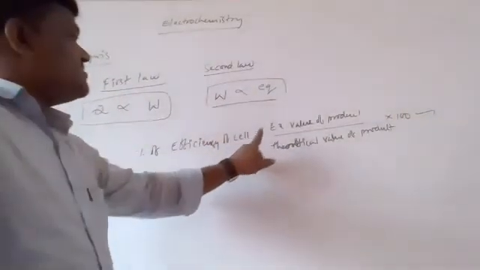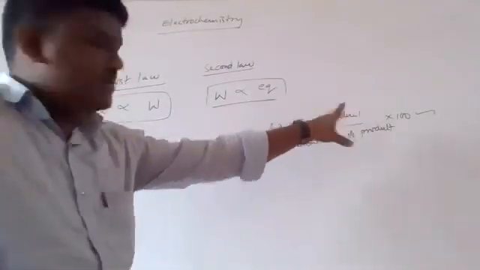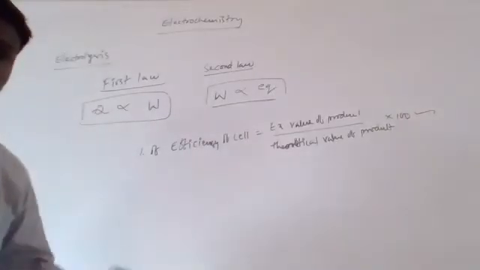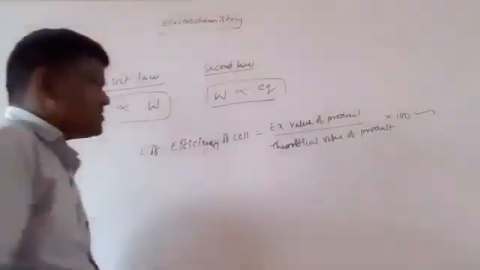The efficiency of the cell is equal to experimental value of product upon theoretical value of product into 100. So you will get the efficiency of the cell as 100%, 90%, 60%.